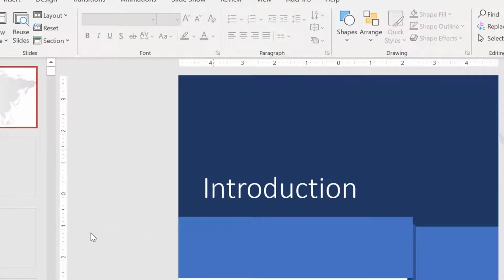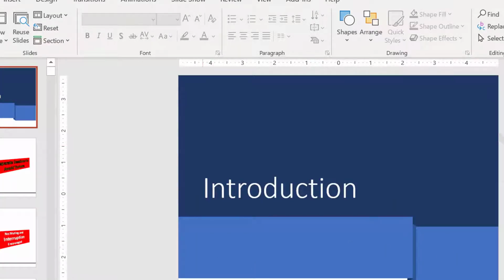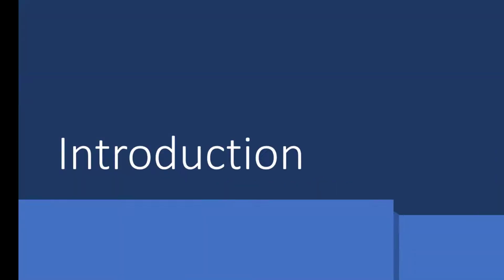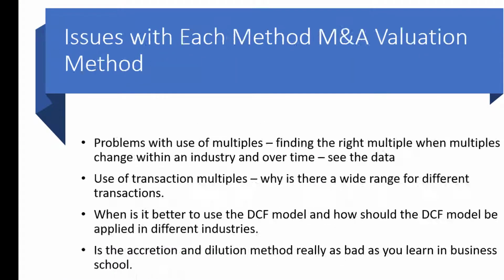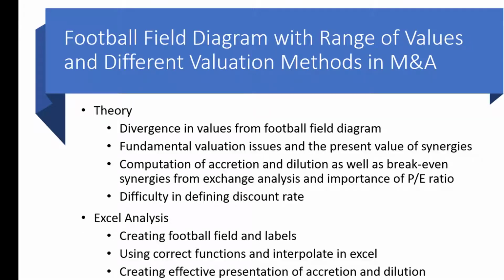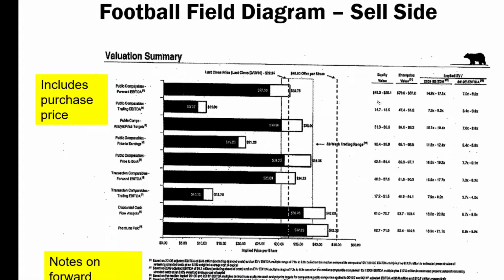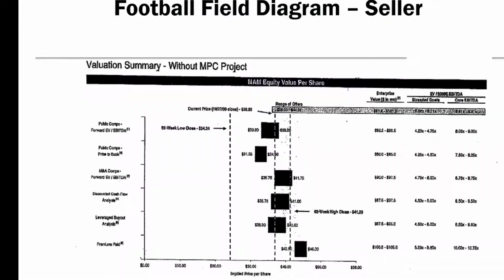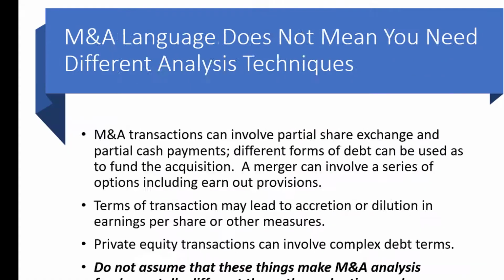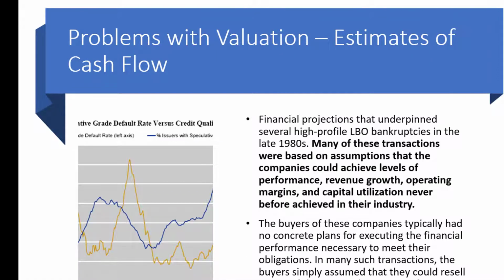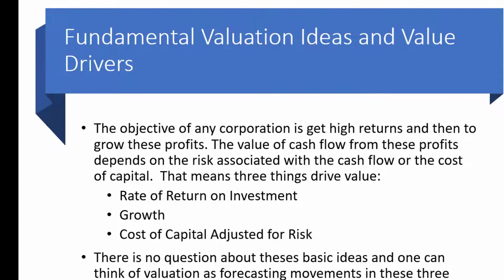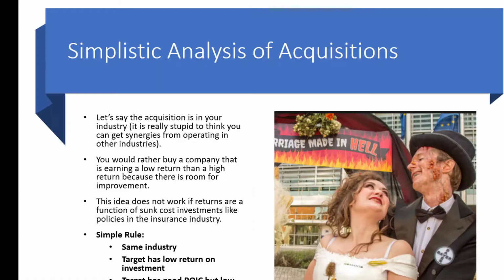Oh, welcome back. Okay, and I've got very similar kind of slides here, but I'm going to skip to our very first method, and then I'm also going to be opening an example of some real football field diagrams, a little more detail on some of the things we've talked about, and here's a wonderful merger between Monsanto and Bayer.